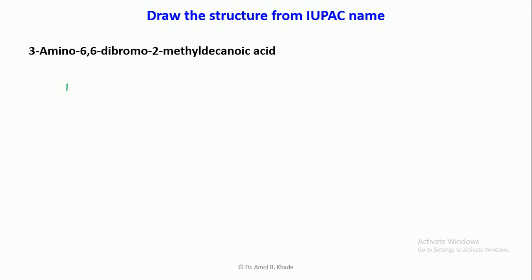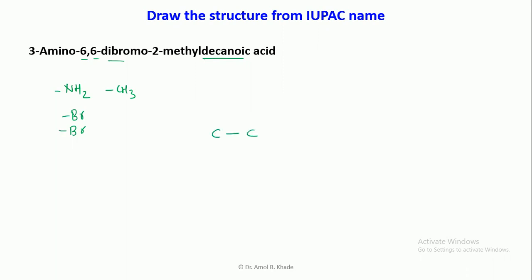3 amino. Okay, so amino means there is an NH2, 6 dibromo, then it means there are 2 bromine atoms. Okay, and 2 methyl decanoic acid. Decane means how many carbon atoms? There are 10 carbon atoms, and there is also a methyl group. Okay, so these are the substituents.